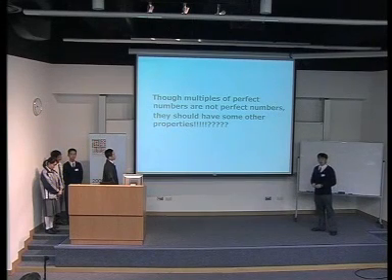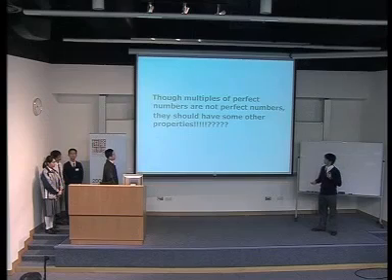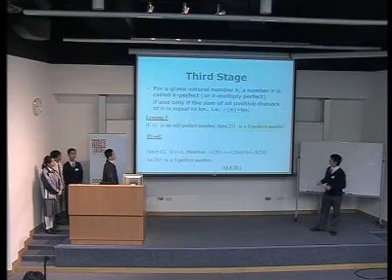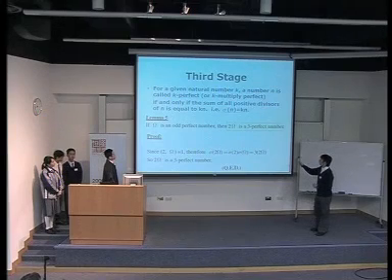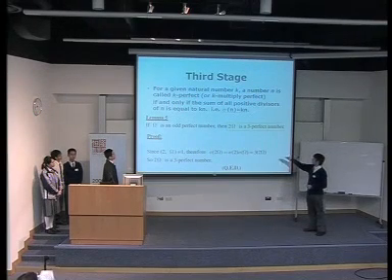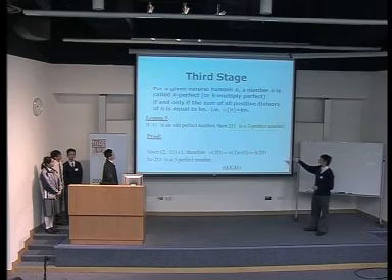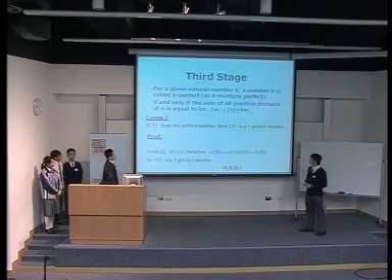But we believe that there are some special properties of the perfect numbers. Then we consider the k-perfect number. A k-perfect number satisfies this equation, sigma n equals kn.